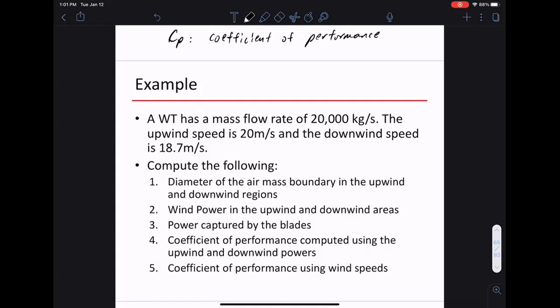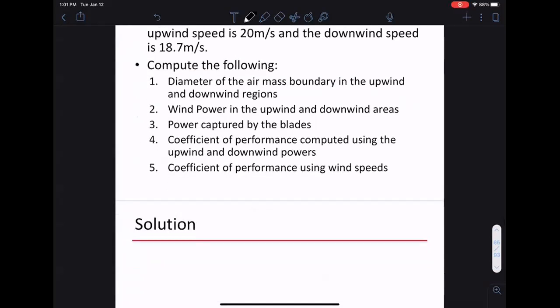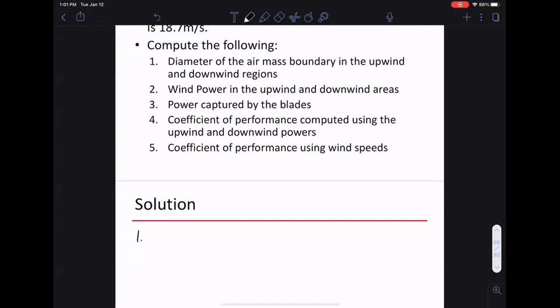So let's do this computation. Let's figure out how large each of these envelopes is, how much area they occupy. We know the flow rate is the density times the area times the speed. In this question, we're given the speed and the flow rate, and we want to find the area.